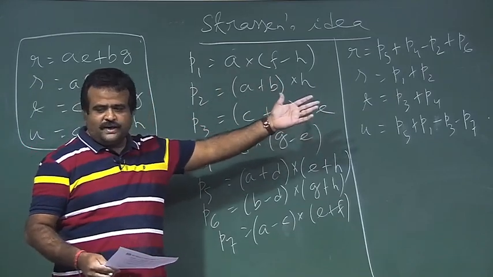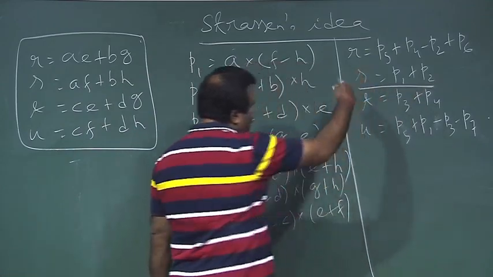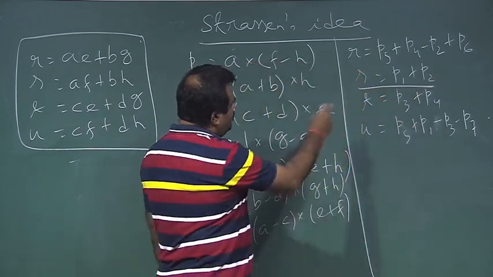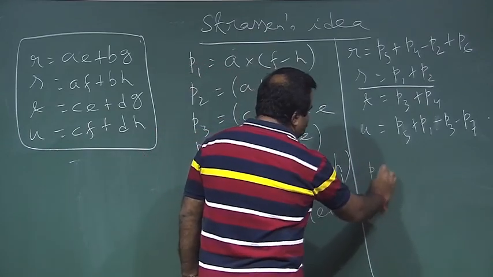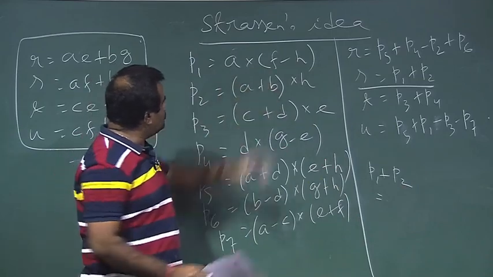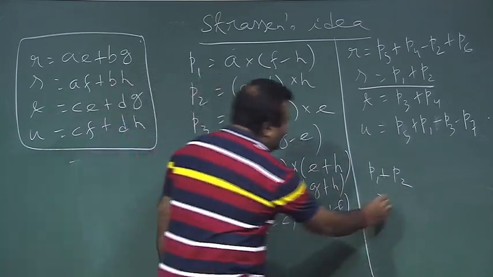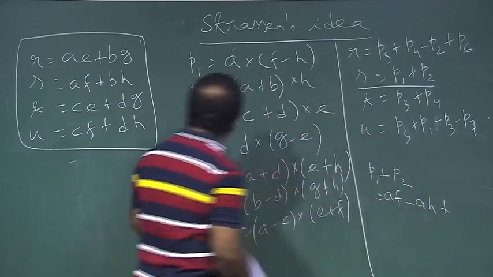So, how to verify this? We can take one example like this one, and the remaining you can check by yourself. P1 plus P2. P1 is AF minus AH. Now, what is P2?